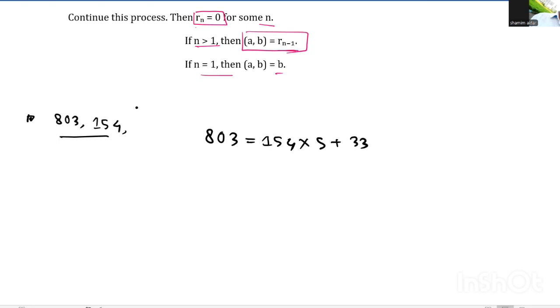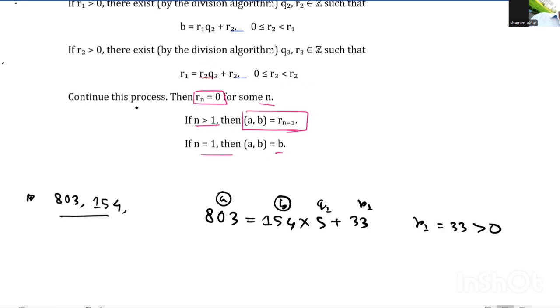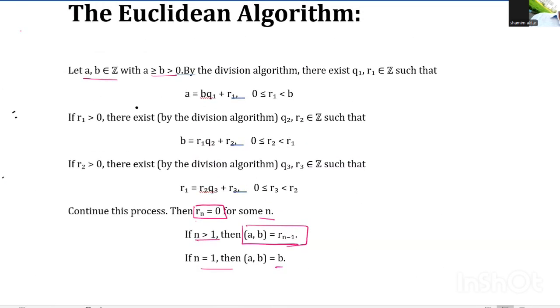Here my integer is a, this is b, this is q1, and this is r1. Here r1 equals 33, which is greater than 0. Now the second step: if r1 is greater than 0, then b is written in this form.